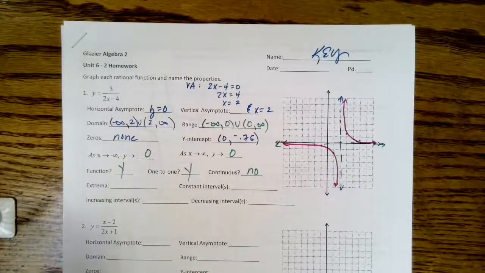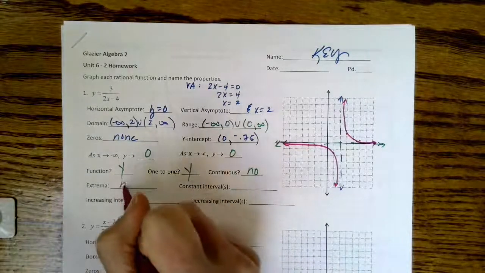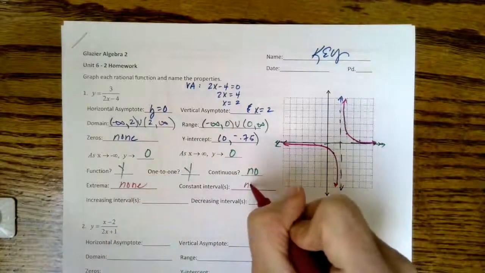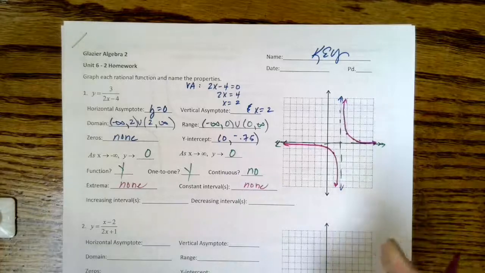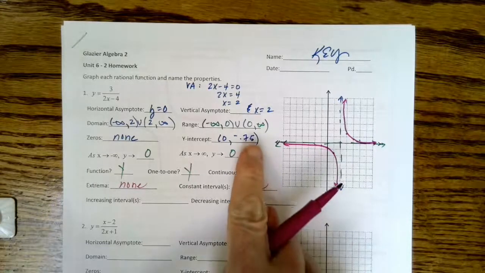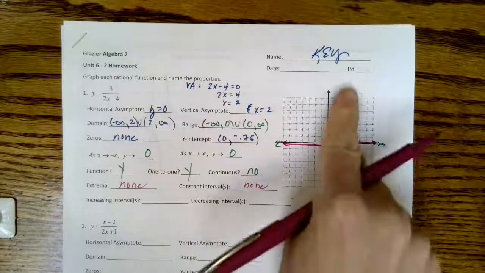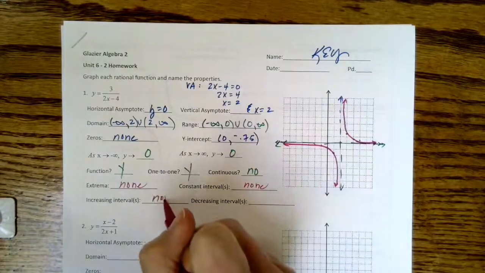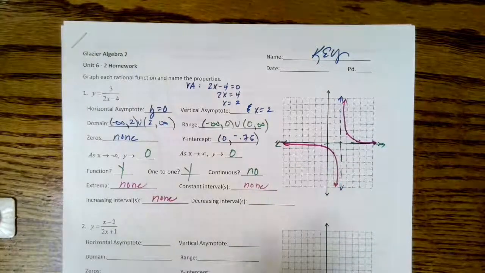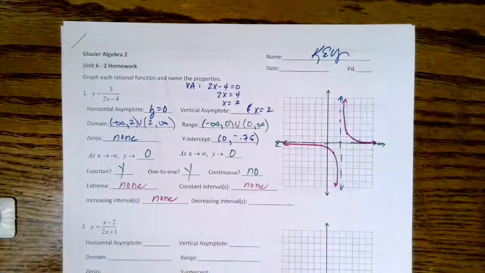When we look at my extrema, I have none because I have no hills and valleys. My graph is never going to be constant. And my increasing interval, as my values go from here and here, there is no increasing interval. And if you look at my decreasing interval, that happens all the time with the graph.